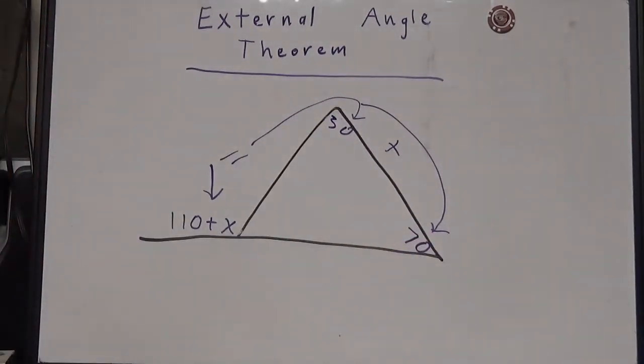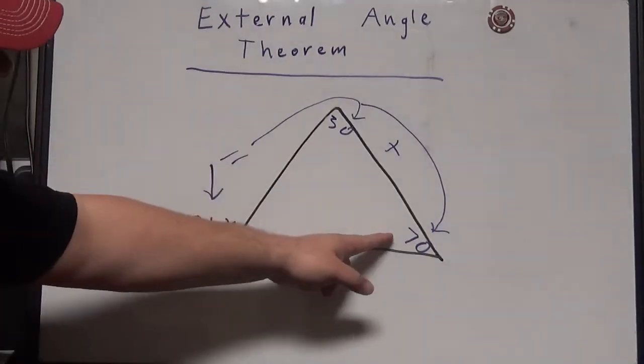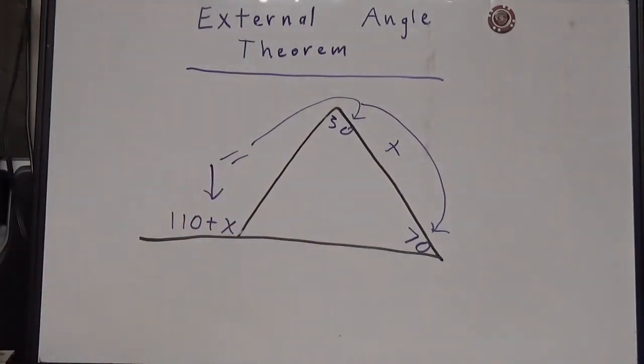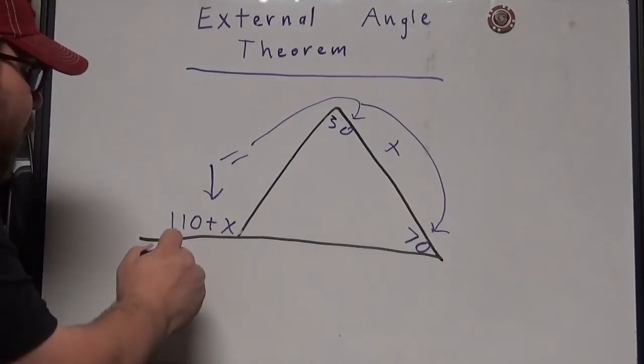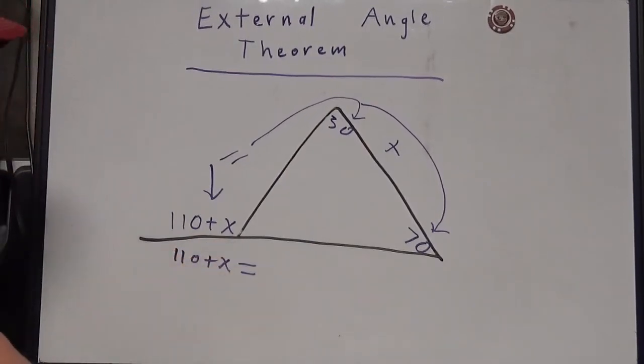Now, of course, don't worry about the shape of the triangle. Let's just pretend that we adjust the shape of the triangle, and this is what we have. So now we have 30 degrees, 70 degrees, and 110 plus x. What we're going to do is this will go on one side of an equal sign.